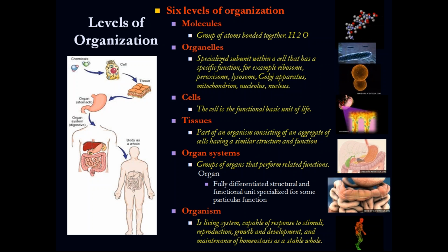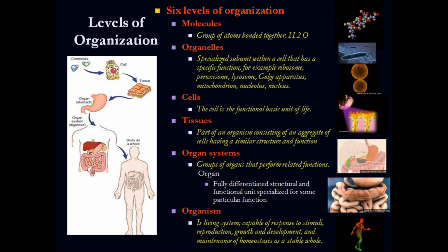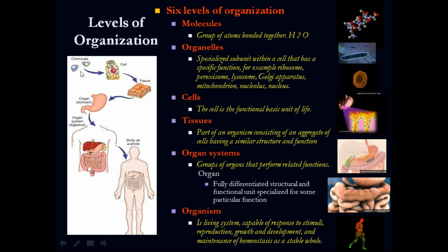Organs are going to be the stomach, for example, the pancreas, but a group of organs are going to form a system, so we call it the GI system. The GI system, for example, is divided into the GI tract, that is all the tubing, the esophagus, stomach, sorry, and the accessory glands that are part of the GI system. So we need to just remember that differentiation between organs and systems.